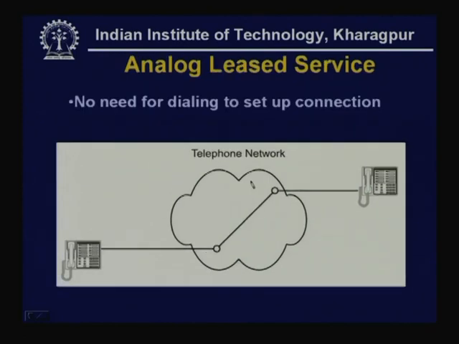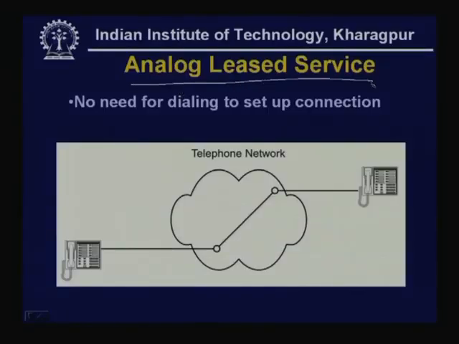Now, let us consider the other type of service, analog lease service. There are many applications in which a user wants to send data continuously or wants to communicate continuously.